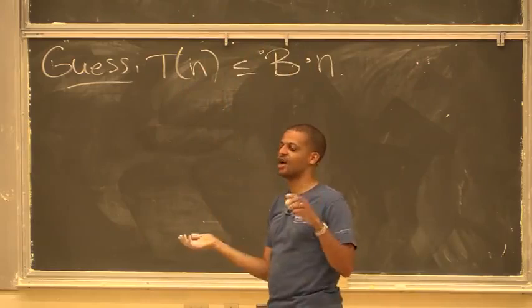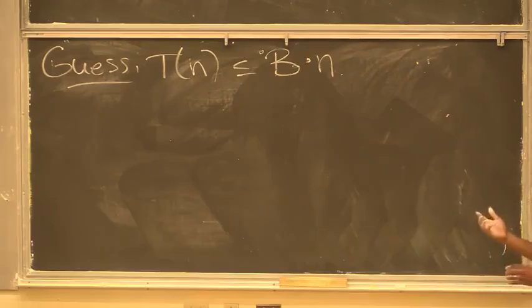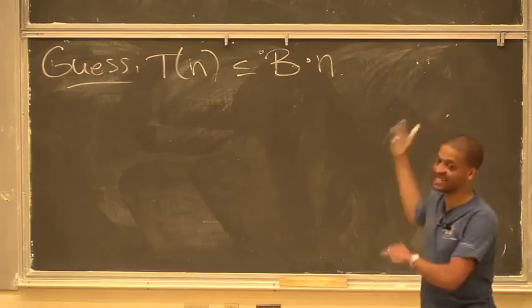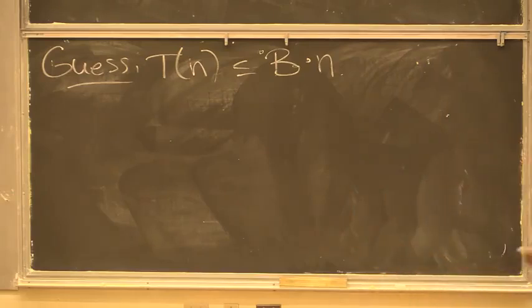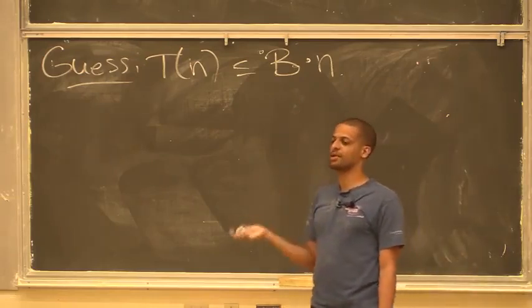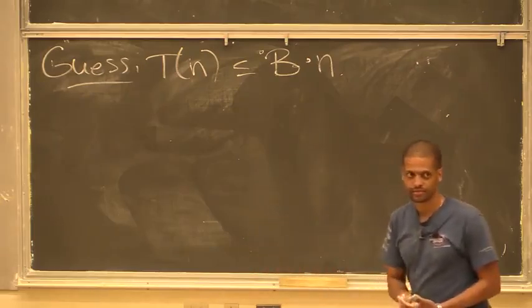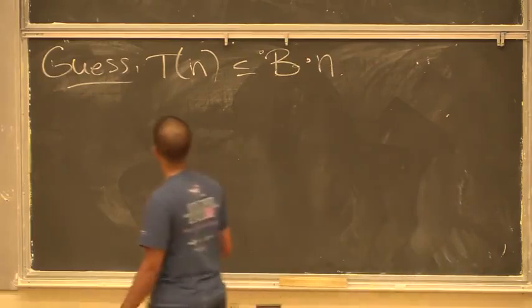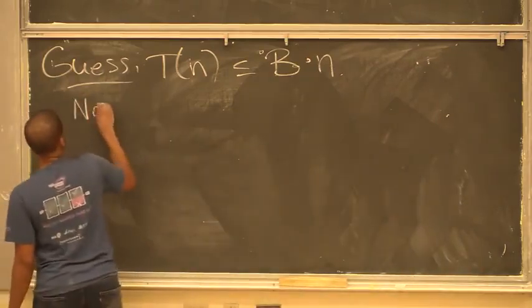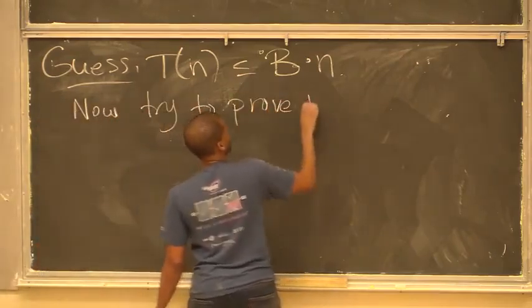I'm just going to pretend that everything is perfectly divisible, which is not actually possible, but let's pretend there are no ceilings just to make our lives easier. So let's guess that this is true for some constant b, and see if we can choose a constant b that actually makes this proof work. Now that we guessed that, let's try to prove it via induction.